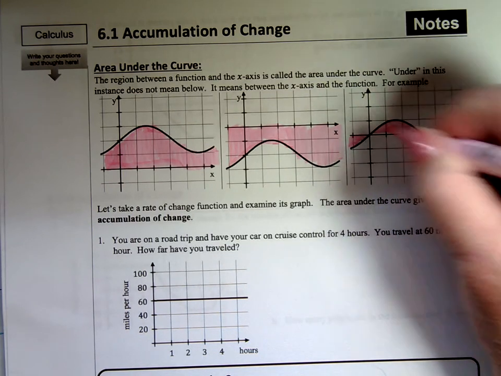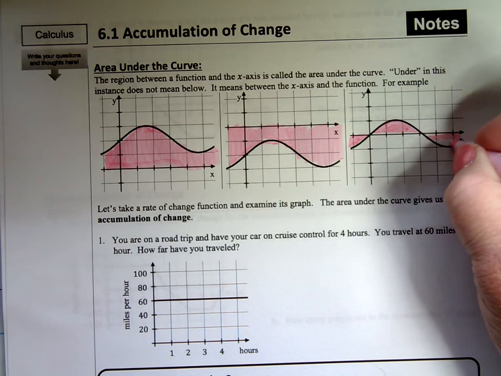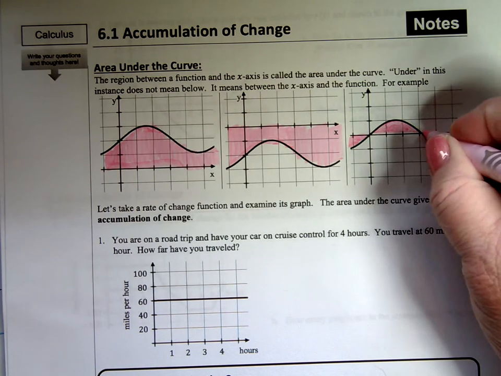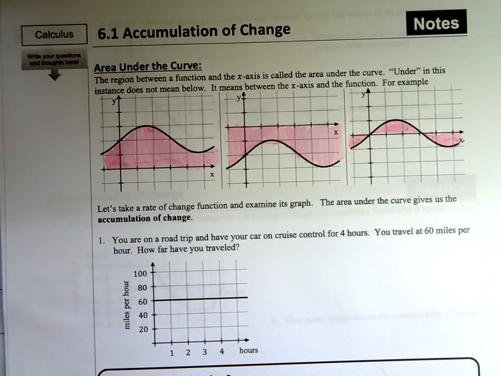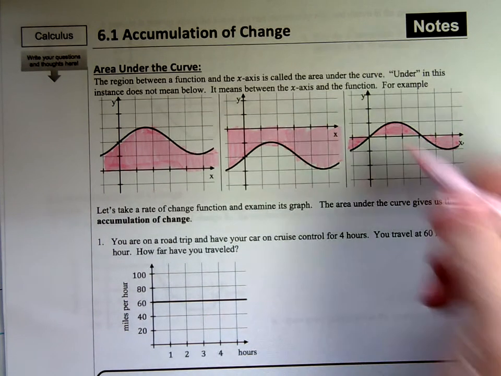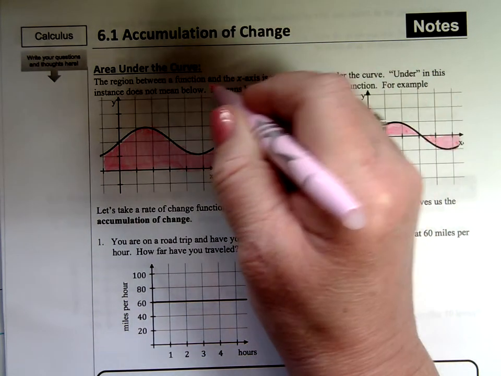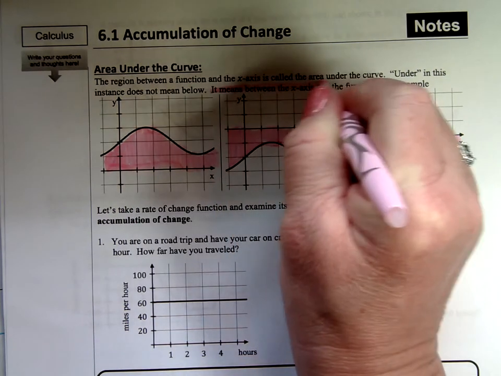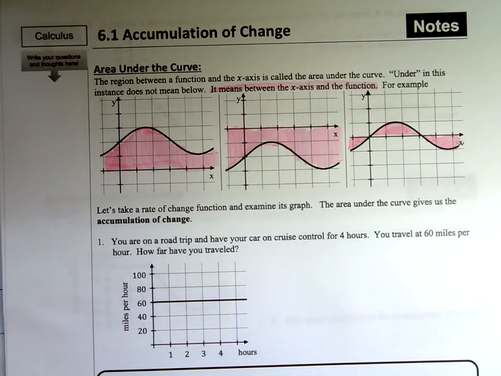And then you go below. And so it can be a combination of the two as well. You're always, though, looking for what the area is between the x-axis and the function. So we're gonna highlight that too. There you go. So important things to remember.